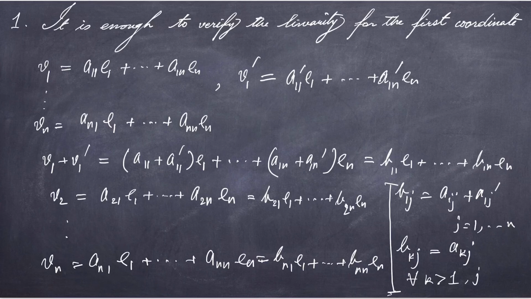After interchanging, we have vi plus vi prime in the first variable. There we split using linearity, so it will be the sum of two terms.